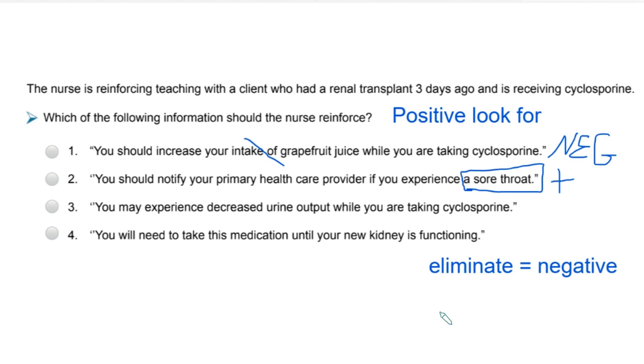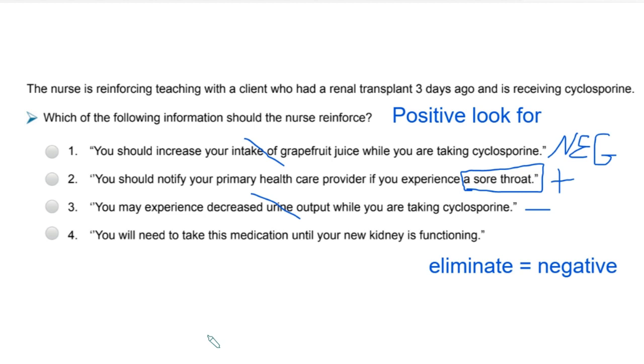Yeah, it should. It's a renal transplant. So let's get rid of this one. It sounded like something that was positive to tell the patient. It sounds like a true statement. It is true. This medication can cause an effect on the kidney, but if it's doing so, he doesn't need to just think that it's expected. We need to be saying you should notify your healthcare provider. So that can be misinterpreted.